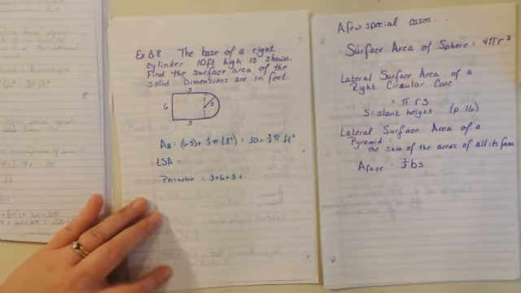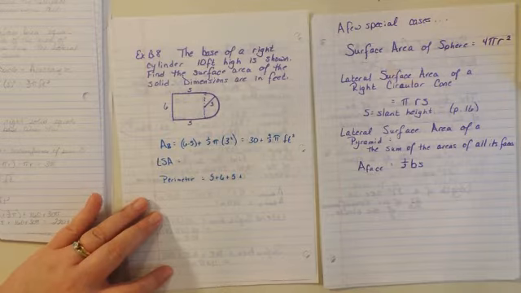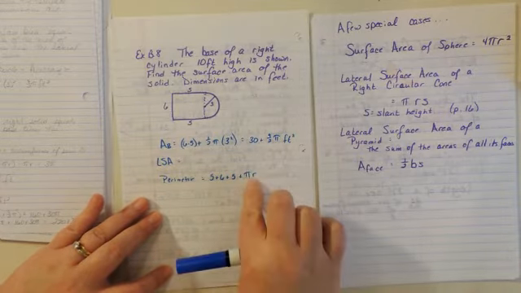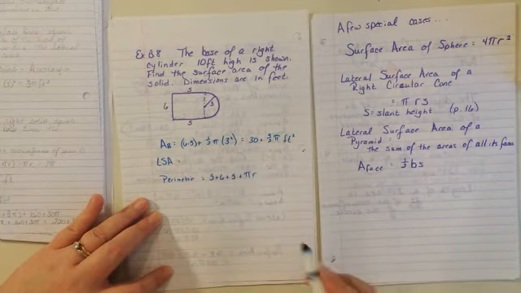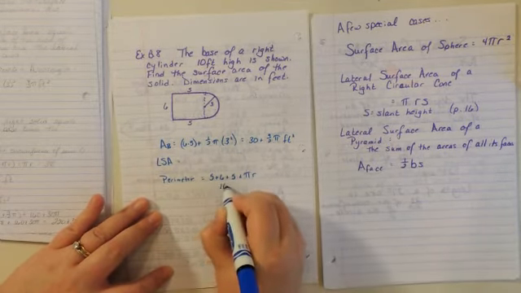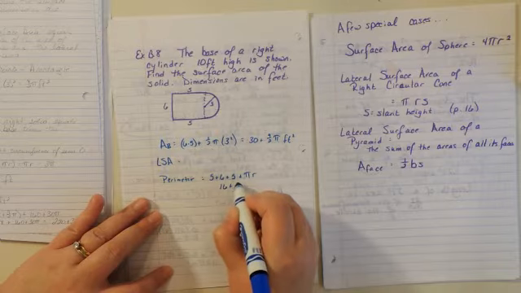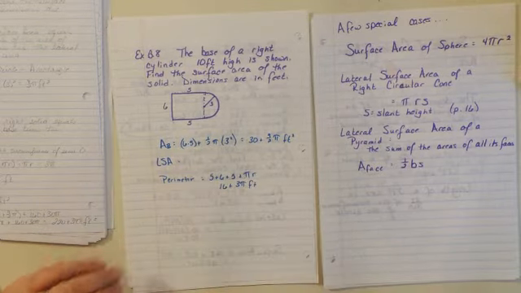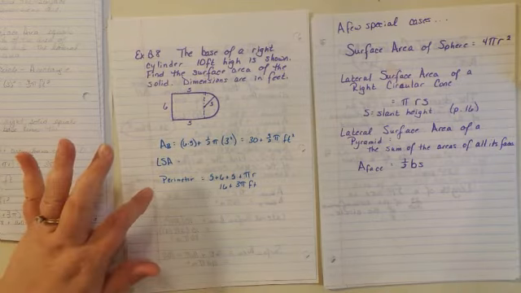The circumference of the circle is 2 pi r. This is a half circle, so it's only going to be 1 pi r, or pi r. The radius is 3, so this is going to be 16 plus 3 pi feet. Okay? So that's the perimeter.